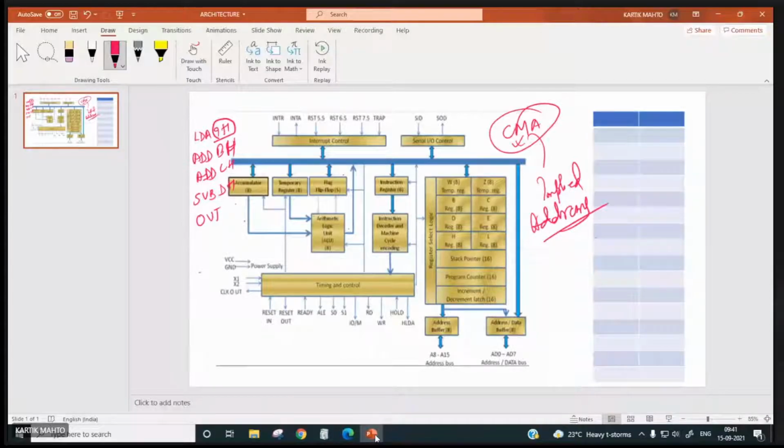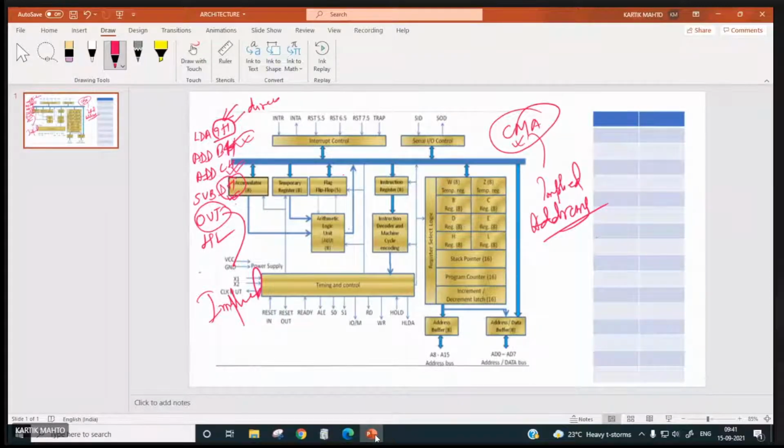So this is an example of direct addressing because the address is given directly over here. This is also an example of direct addressing, because the byte will be added from the BH location, the byte will be added from the CH location, the DH location. And OUT is implied addressing, no? Because the accumulator content will be sent out to where?